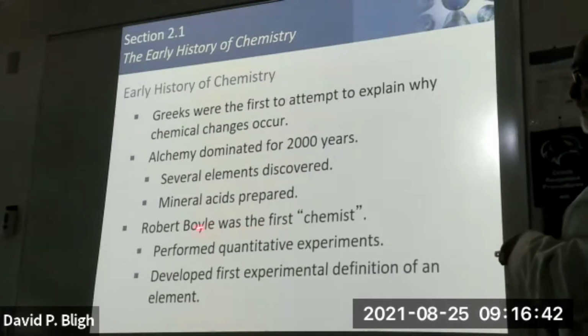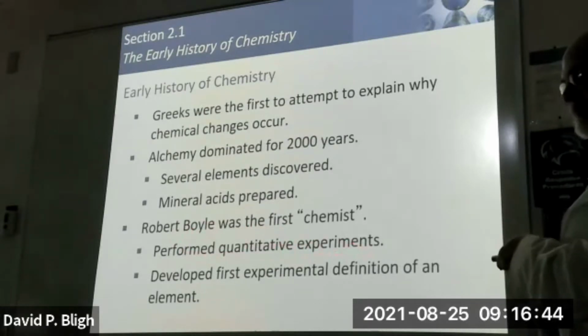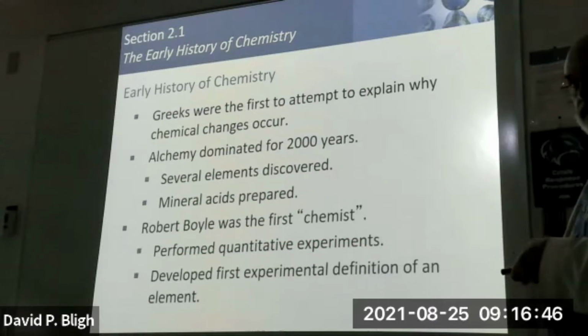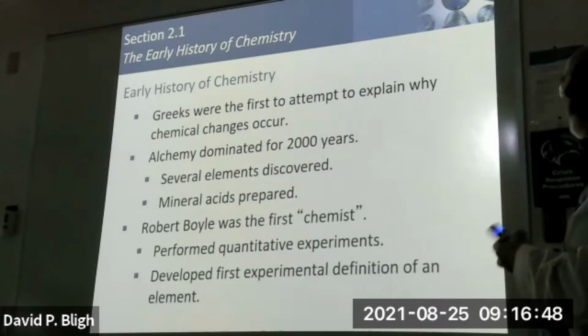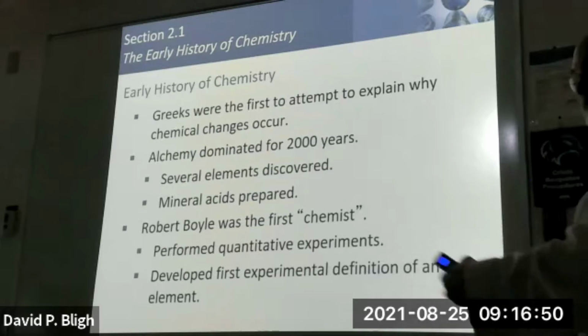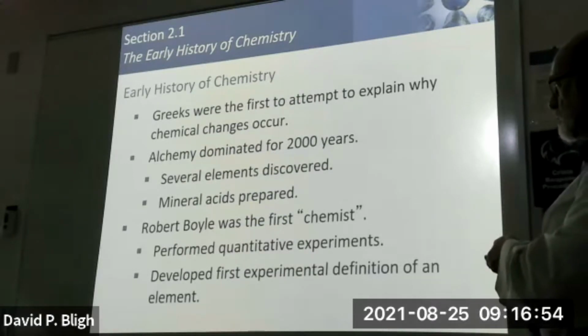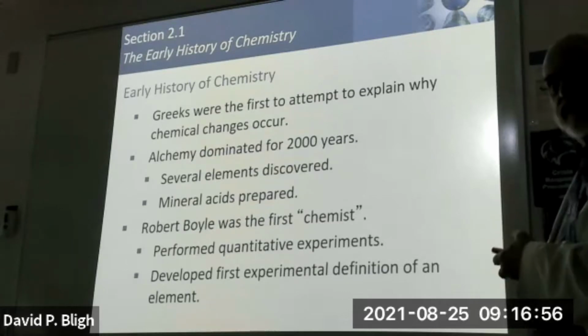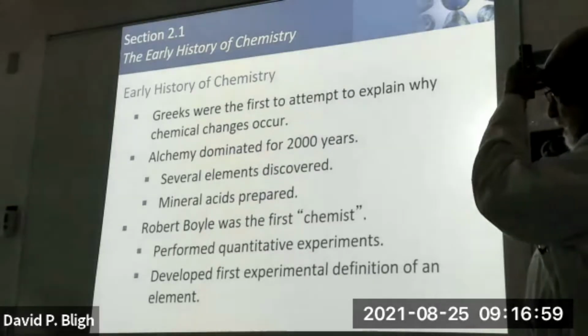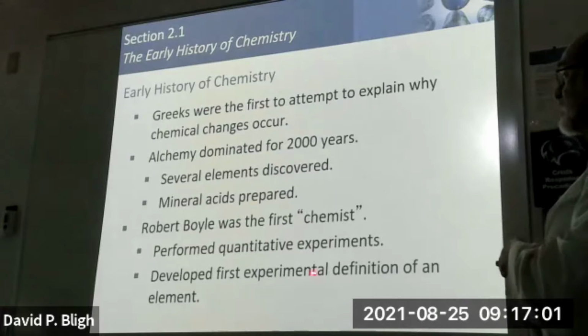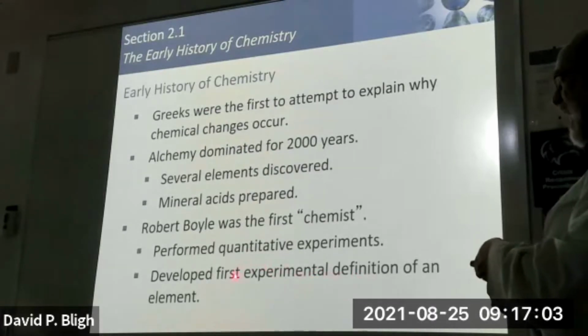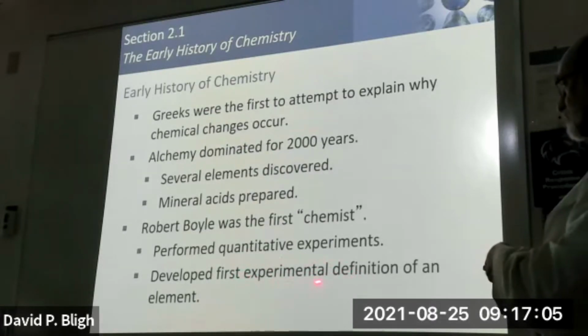But he was the first one to perform quantitative experiments. He actually measured things in an experiment. Now, measurements had been developed up to this point, but nobody really used them to answer questions about physics or chemistry. And he developed the first practical definition of an element.